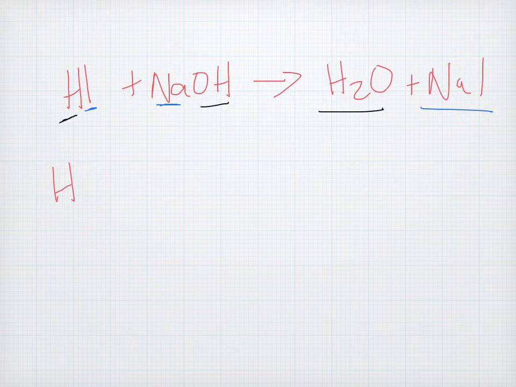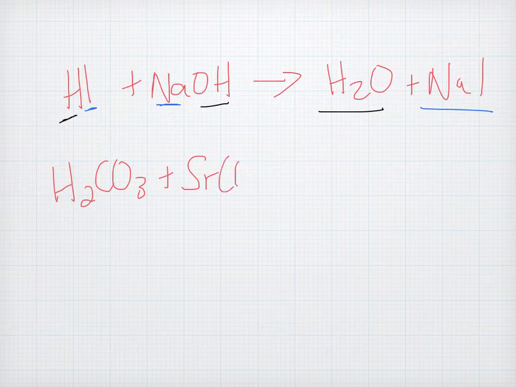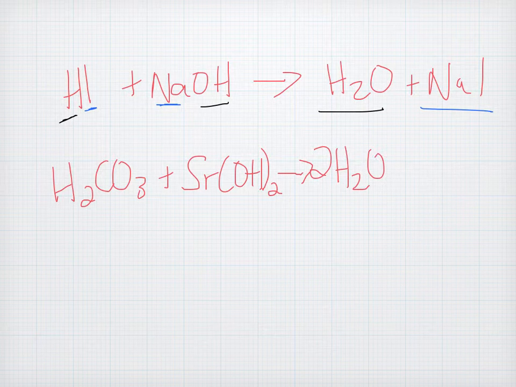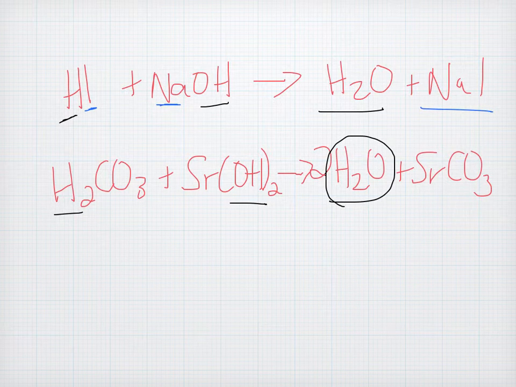I also can make H2CO3 plus Sr(OH)2, giving me 2H2O plus SrCO3. So I have my H's and my OH forming my water. And then I have my CO3 and Sr forming my salt.